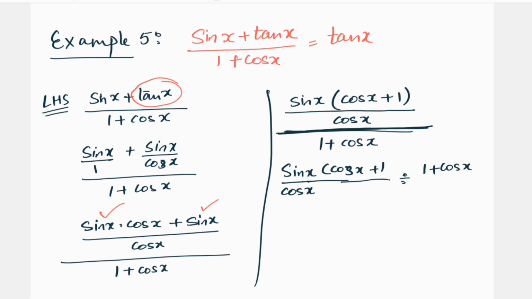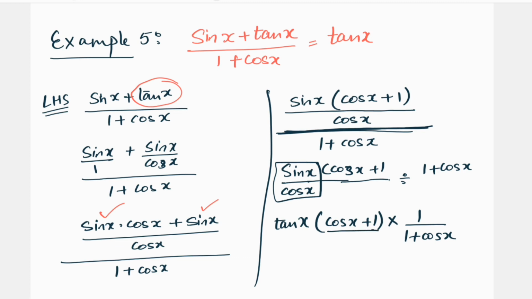So sine x over cos x can become tan x, and then we have cos x plus 1, and to convert the division into multiplication, that will be 1 over 1 plus cos x. So cos x plus 1 and 1 plus cos x is the same thing, so that can cancel and we are left with tan x, and that is the right hand side.